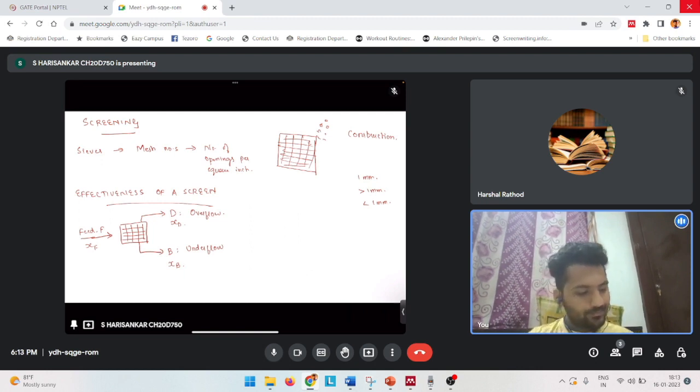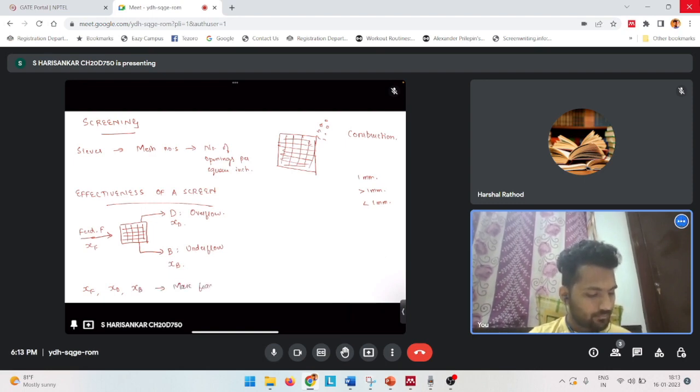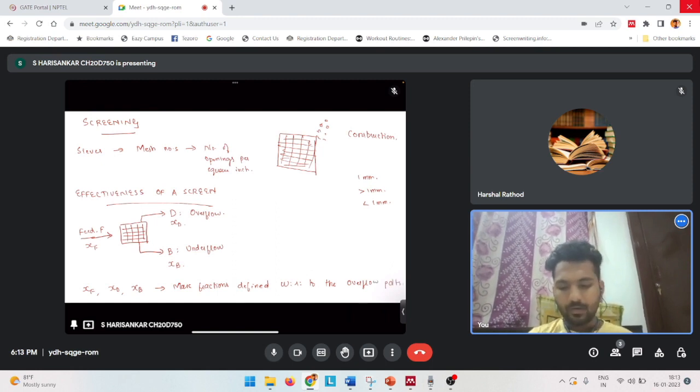So this XF, XD and XB, these are the mass fractions defined with respect to the overflow products. Now, how this is defined, we'll look into it in a while. But just keep in mind these mass fractions are defined based on the overflow products.